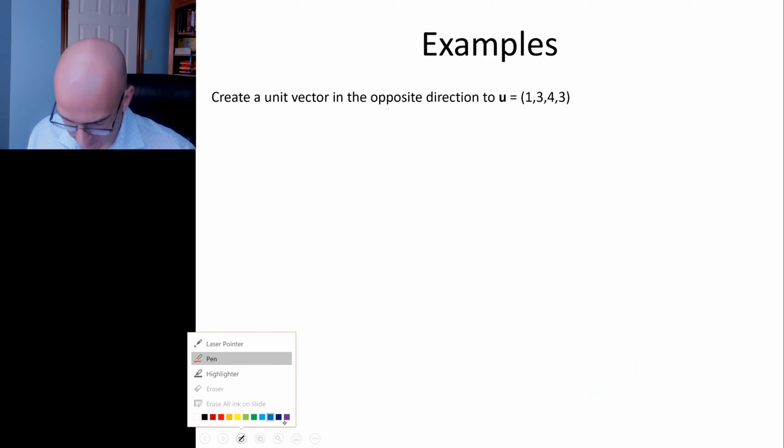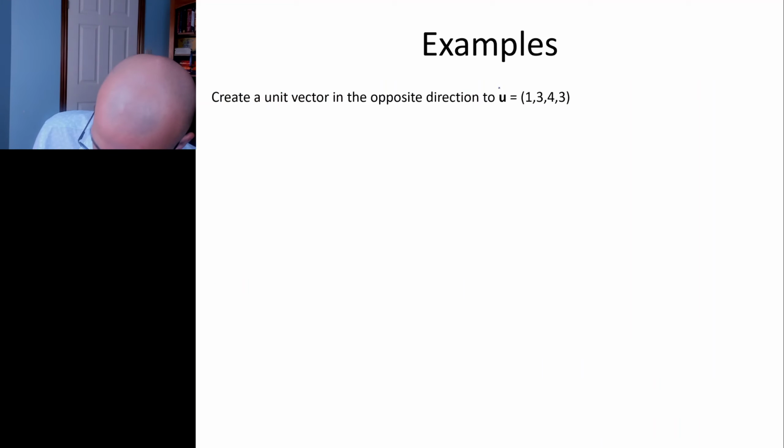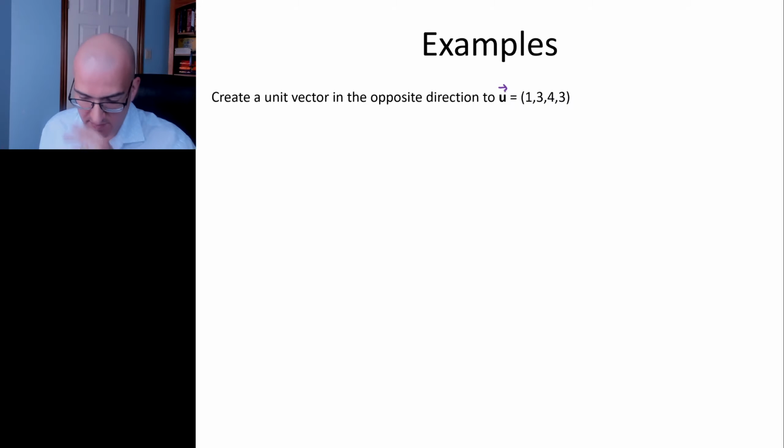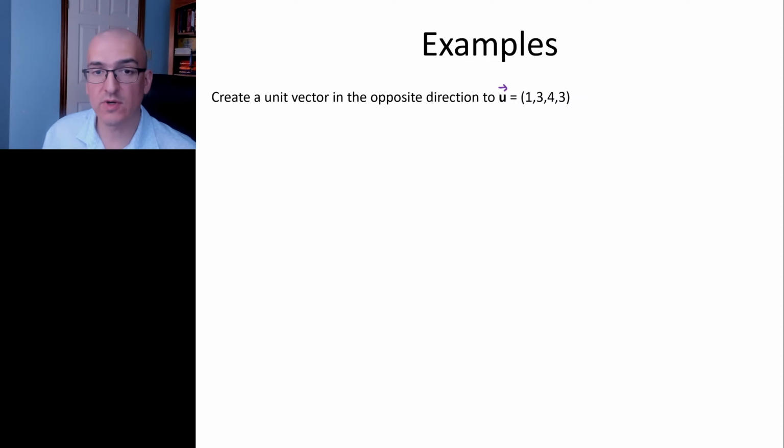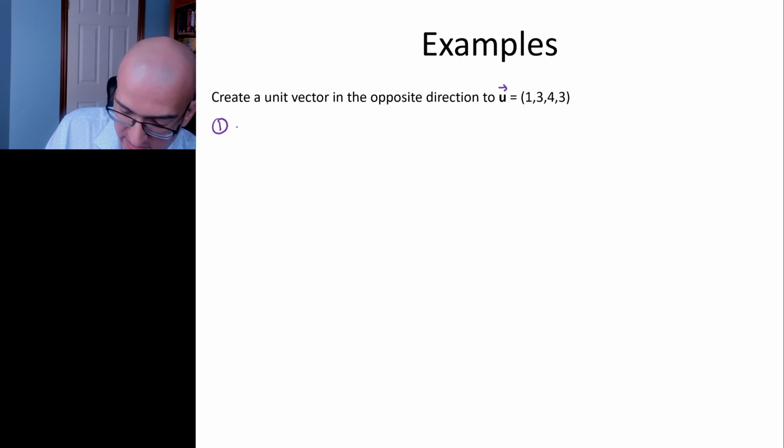Okay, next question. Should add a little arrow there above that vector. Create a unit vector in the opposite direction to u, 1, 3, 4, 3. So recall the steps that we went through the last time we talked about creating unit vectors. Step 1 is to find the length of the vector. Find the length of u.